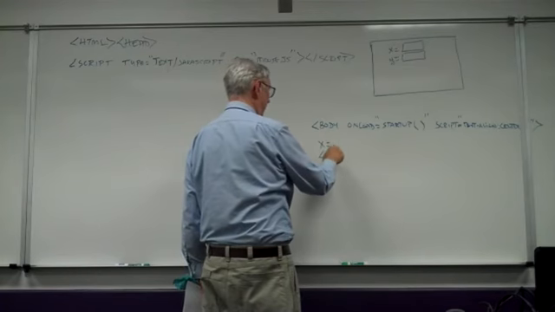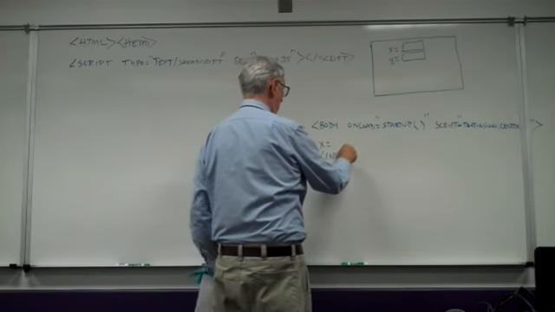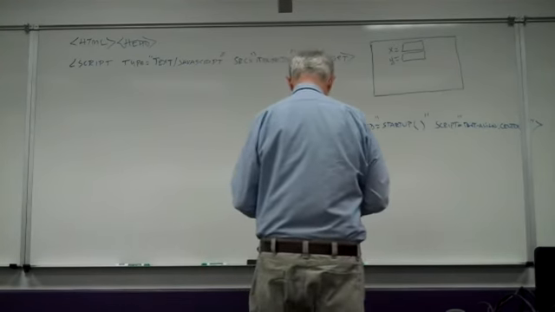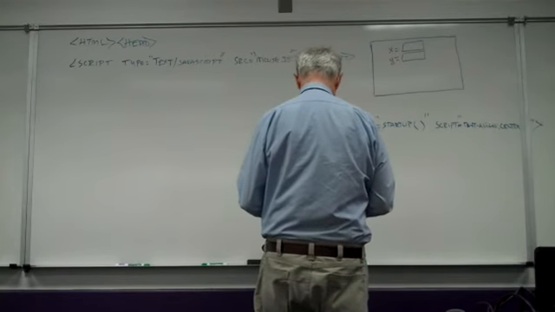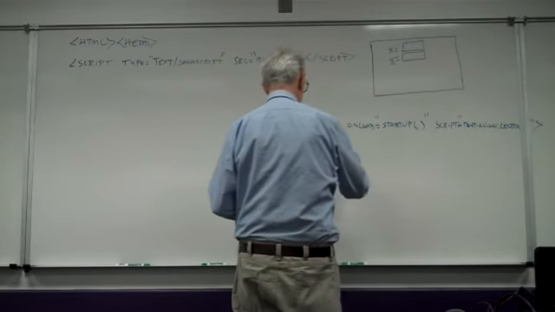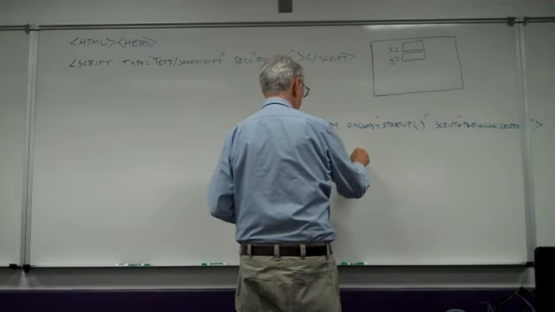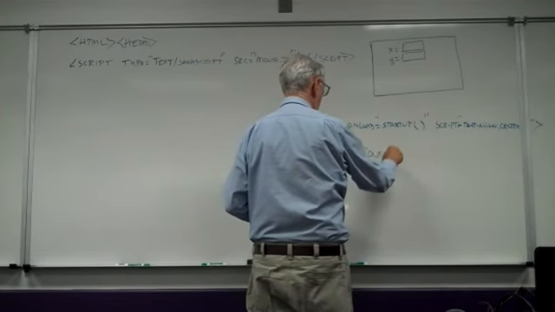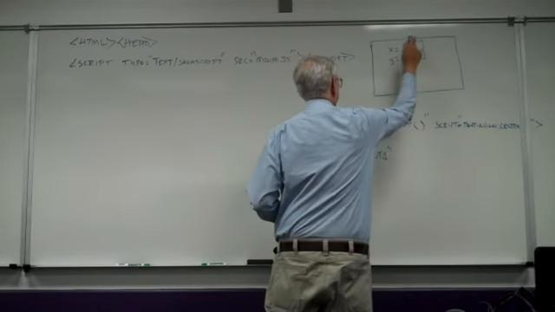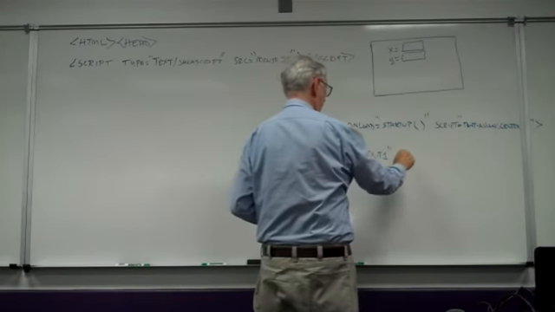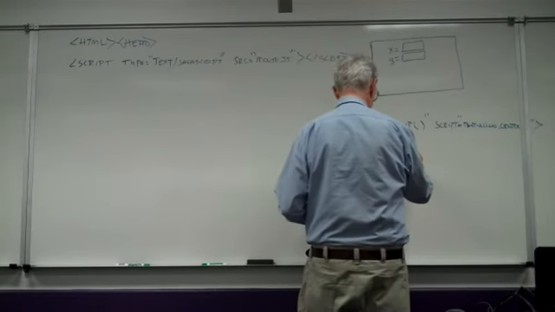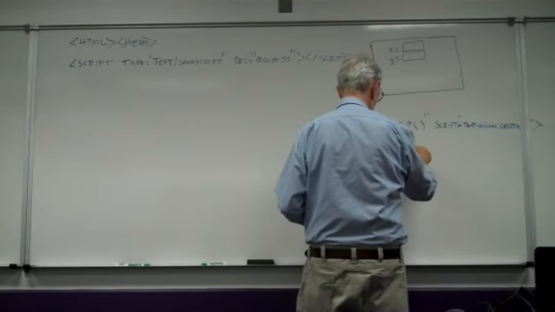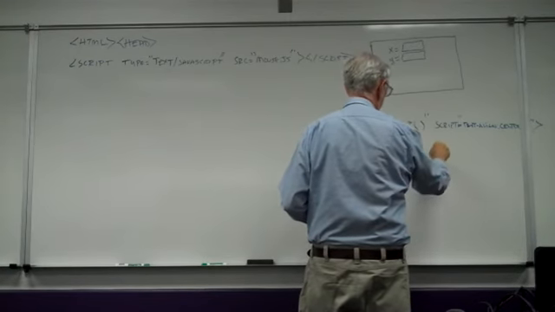So we have an input. That's where the X is going to go right there. And then type equals text.